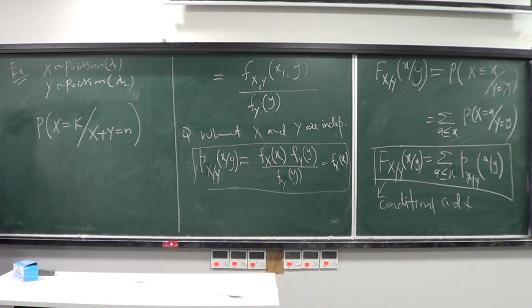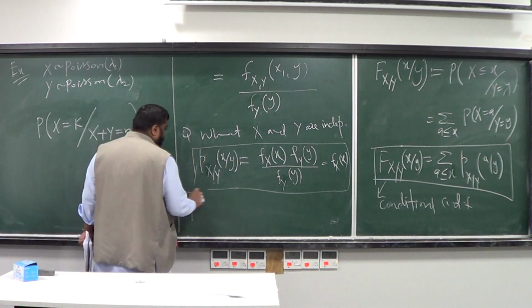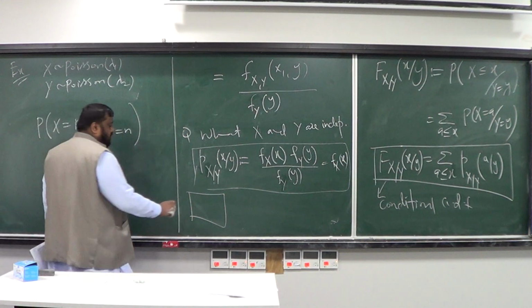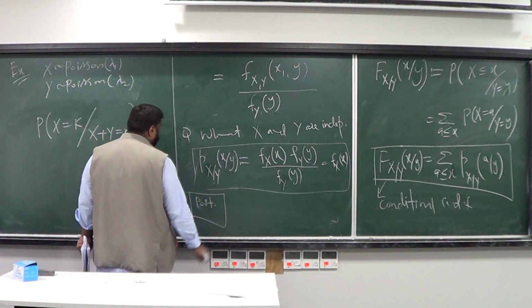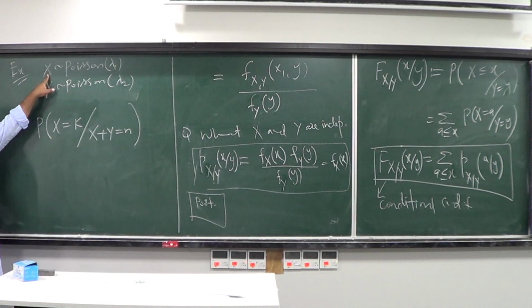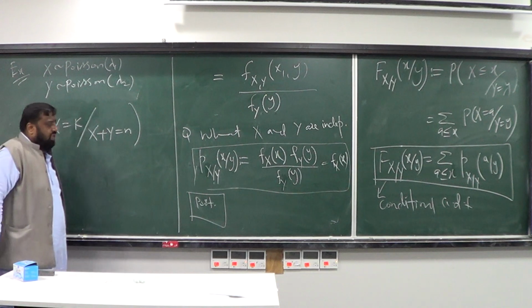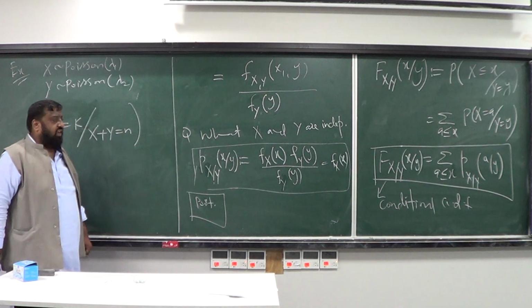Okay. You may also interpret it, say for example, from the point of view of the post office example that we had previously. So imagine this is a post office. X represents the number of males that visit the post office on a given day, and Y represents the number of females that visit the post office on a given day.